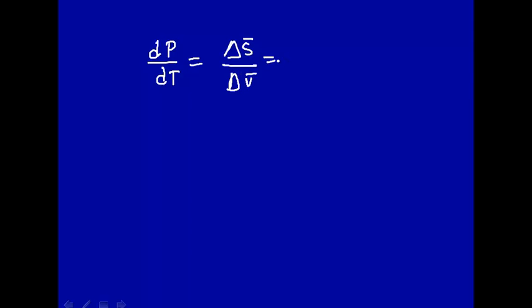But we said that delta S at the phase equilibrium is delta H divided by T, and this is delta V.